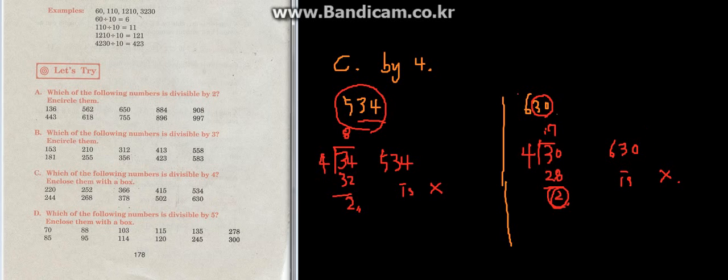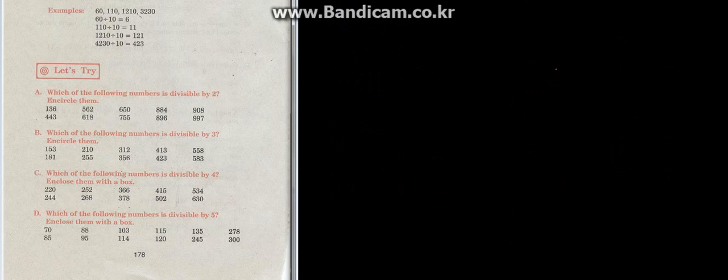To be divisible by 4, the last two digits of the number should be divisible by 4. Then what about question D? Which of the following numbers is divisible by 5?